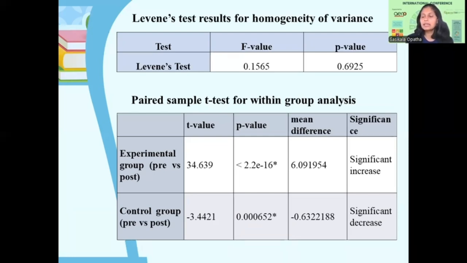You can see here significant p-values for both experimental and control groups. However, with minus t-values and minus mean difference for the control group, that indicates a significant increase of scores from pre-test to post-test in the experimental group, while a significant decrease for the control group.